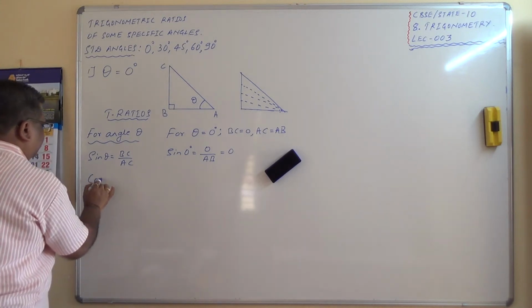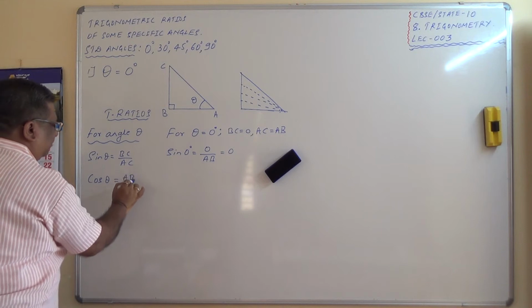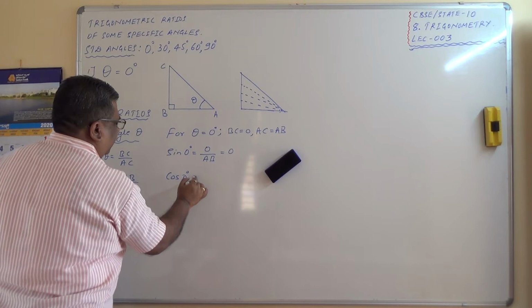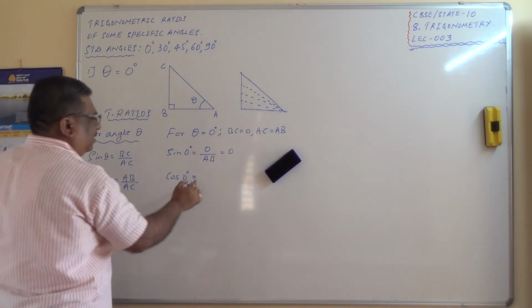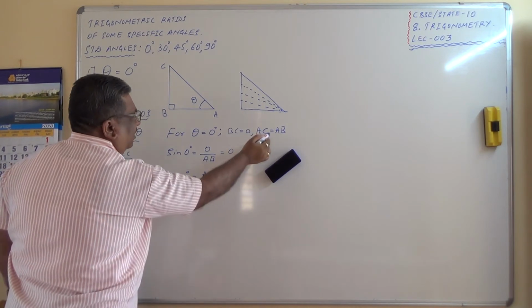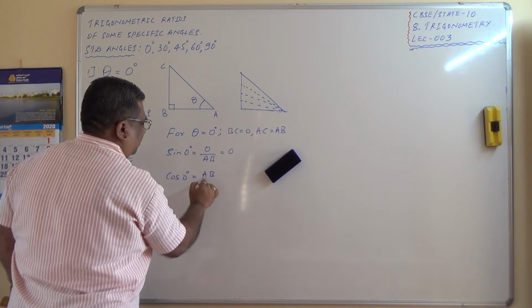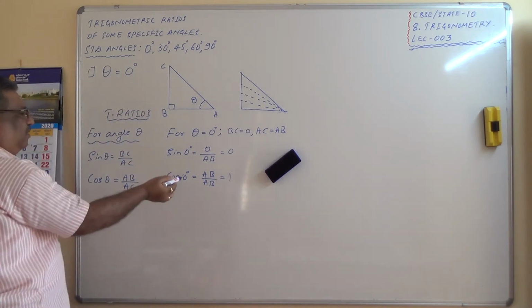Cos of theta equals AB by AC. Cos of 0 degrees is equal to, what is AB? AC becomes AB, so I'll write AB by AB, which is 1. So cos 0 is 1.